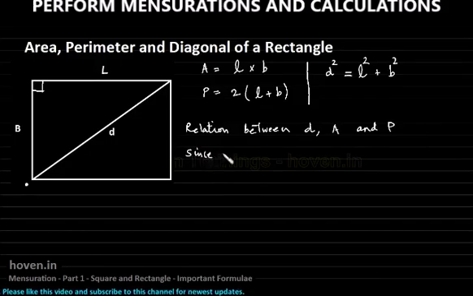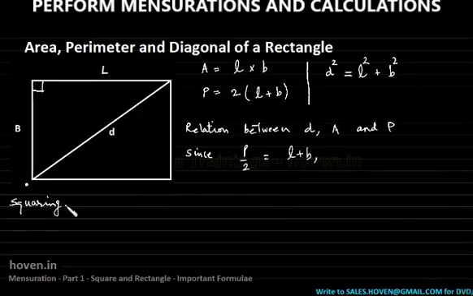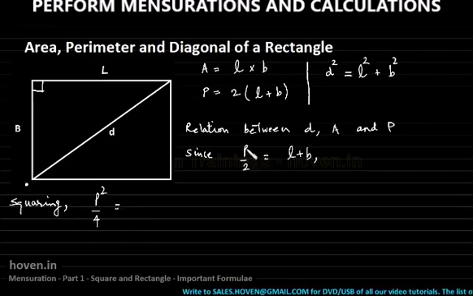Since P by 2 is equal to L plus B, we can take 2 to the lower side of P. P by 2 will become L plus B. Now we can square both the sides. Squaring, we get P square by 4 is equal to L plus B whole square.